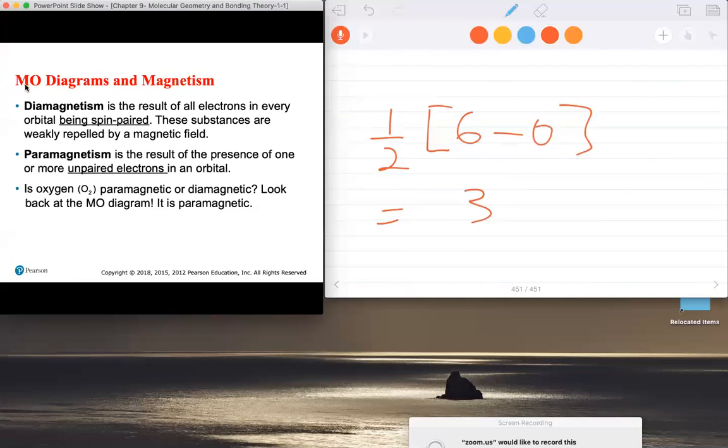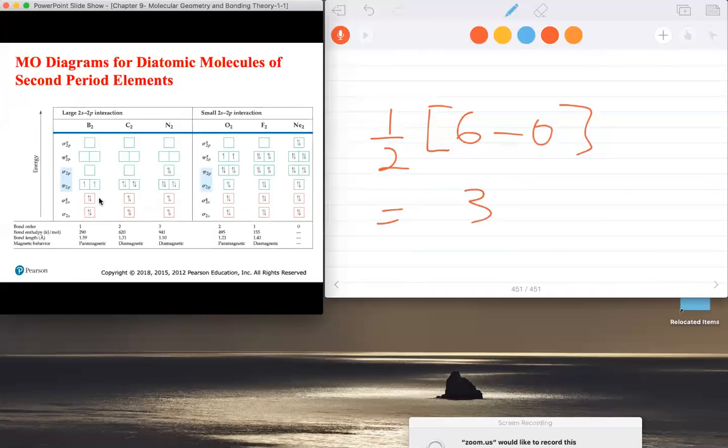So if we go back to this diagram, I can say this is paramagnetic because I see they are unpaired. This is diamagnetic. All of them are paired up. This will be attracted in the magnetic field.